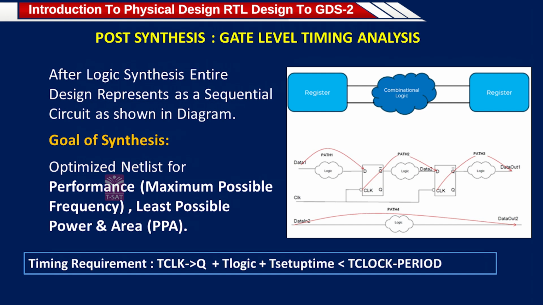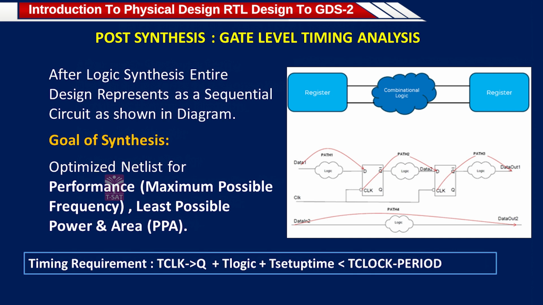If you recollect your academics, a sequential circuit as shown in the diagram starts with a register, going through a combinational logic and ends with a register. A register is nothing but a memory element, flip-flop, latches or any SRAMs, your RAMs. These are called memory elements, sequential cells.